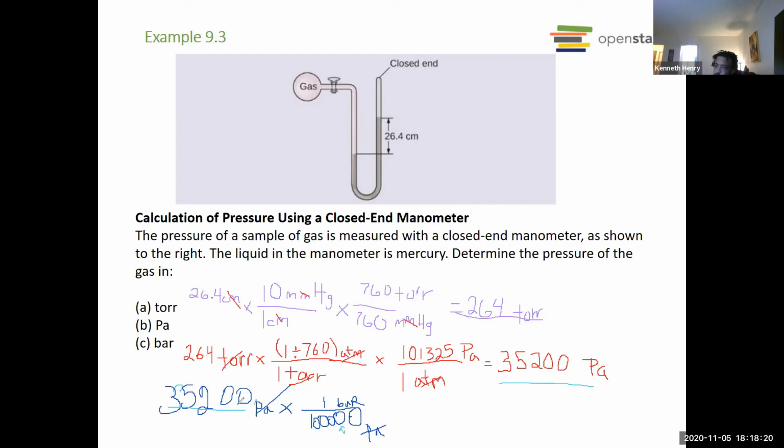So wouldn't it be 0.352 bars? Because you're dividing by that number with a whole bunch of zeros, you just go back. So that's 1, 2, 3, 4, 5.